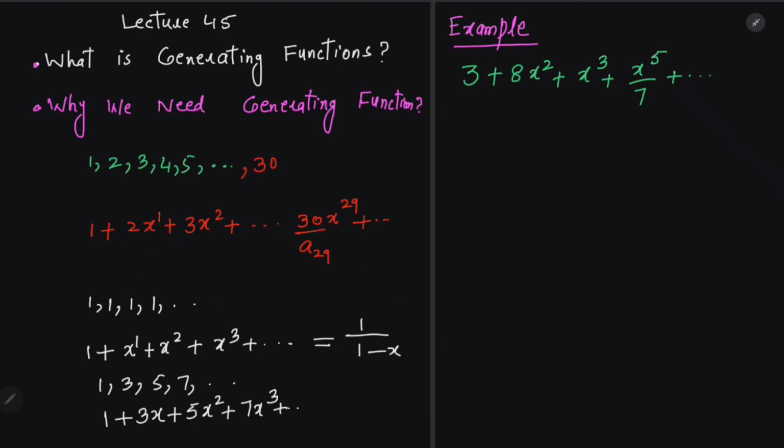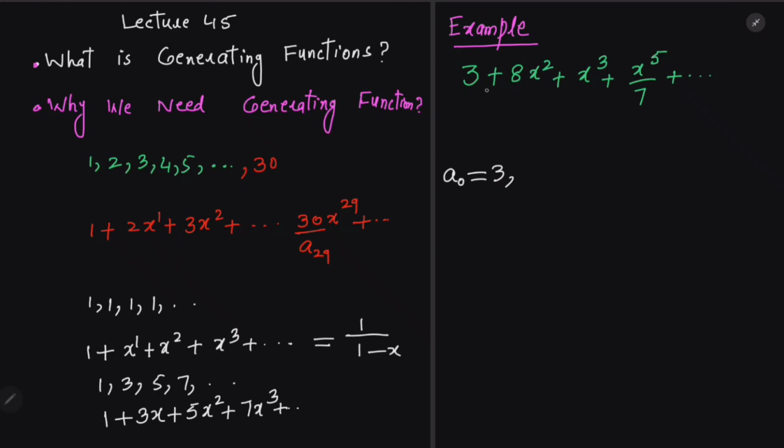This is the generating series where we have some sequence hidden as coefficients, or some people call it encoded in this power series. Here the coefficient of x^0 is a0, which is equal to 3.